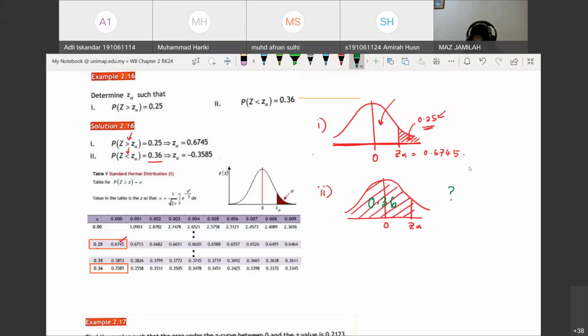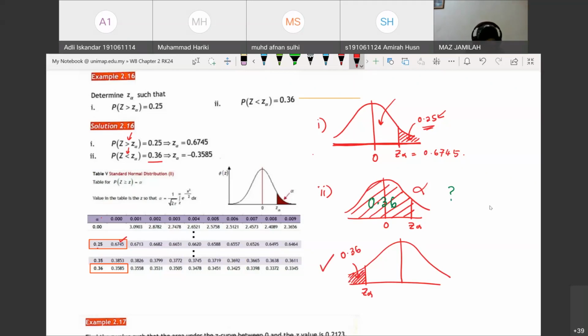Now give yourself a question: is it logical? Should 0.36 be in the shaded area, or should I put it this way? If I put Z alpha here, it is illogical, so in this case it is wrong. What if my Z alpha is here? We are talking about Z less than Z alpha, the area that we are looking for is this one, and it makes sense, so this should be correct.